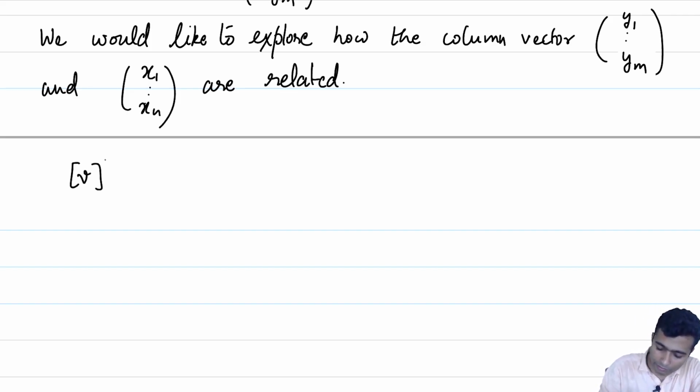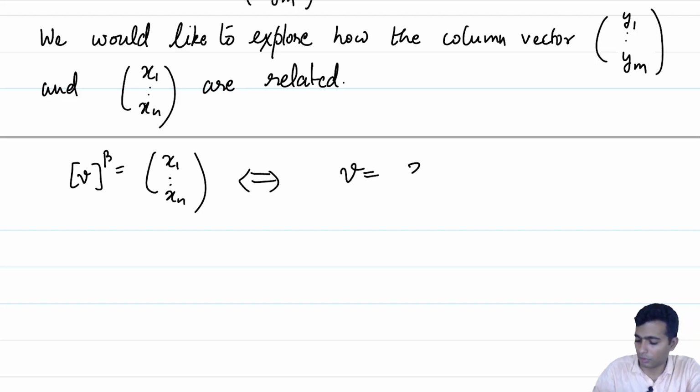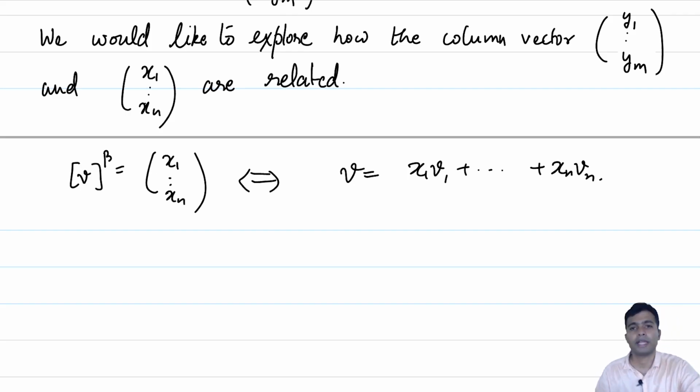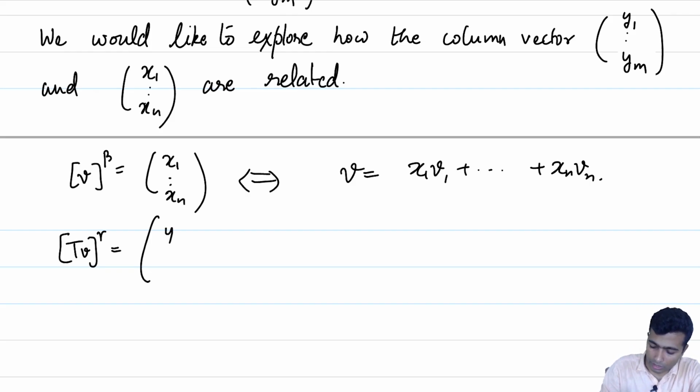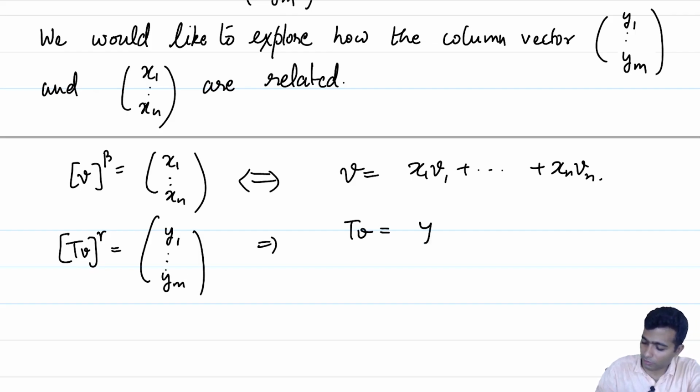So V with respect to beta being equal to x1 to xn implies, this is an if and only if statement, V is equal to x1 v1 plus x2 v2 plus up to xn vn. We also know that TV is y1 to ym with respect to gamma, and that tells us that TV is equal to y1 w1 plus y2 w2 plus up to ym wm.